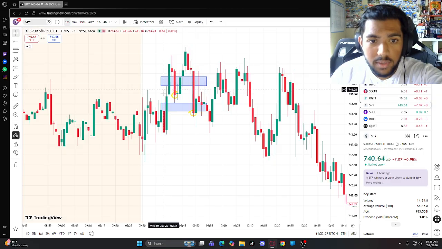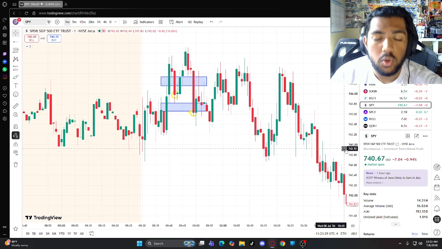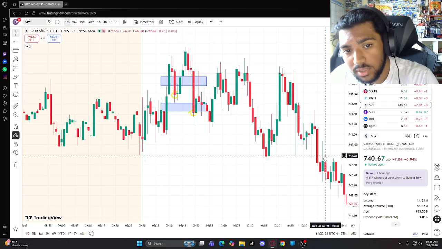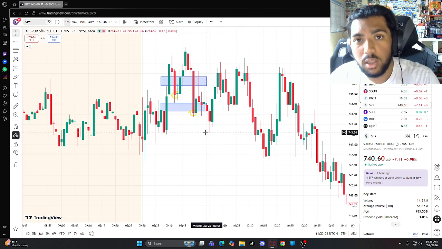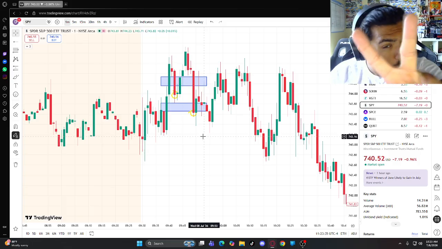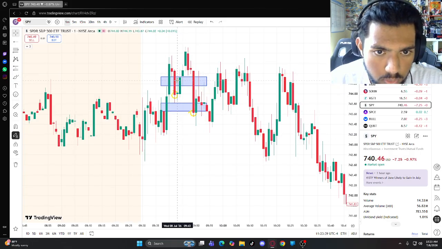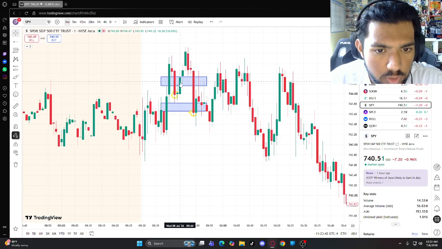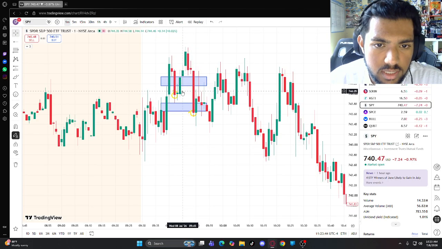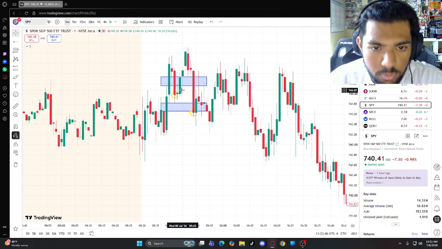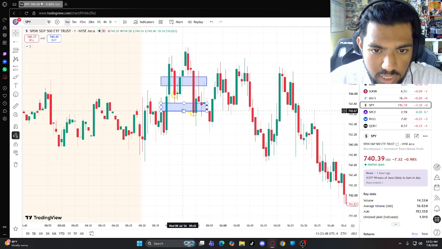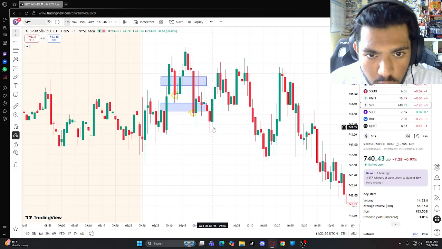We have two fair value gaps on top of each other. So in order to have a move to the downside, one thing that we have to look for is both fair value gaps getting inversed. Okay? Just because this one got inversed doesn't mean that this is a bearish trend at the moment. We have to wait for this one to get inversed, then we can have a small bearish trend.